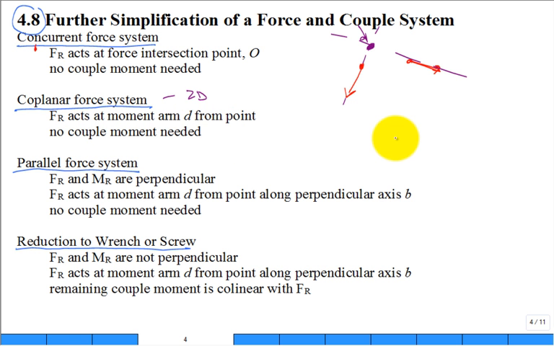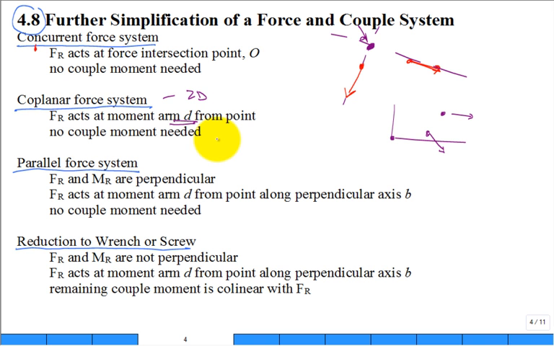So what you do is maybe you have your two-dimensional coordinate system, and you have a force and a force here, and they're in that plane. You can pick where you put the resultant force such that it has a correct moment arm distance to give the same moment on the object.